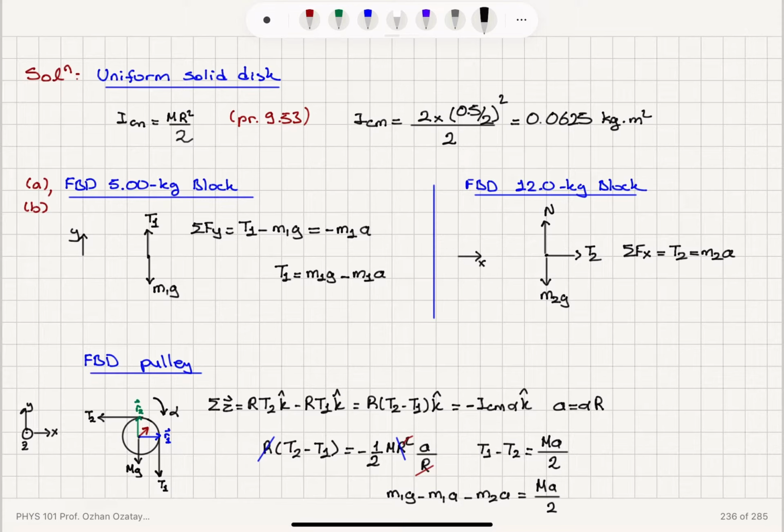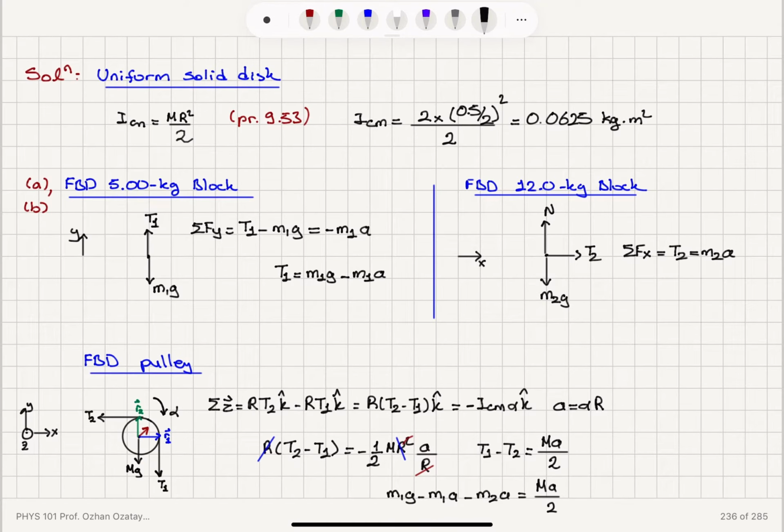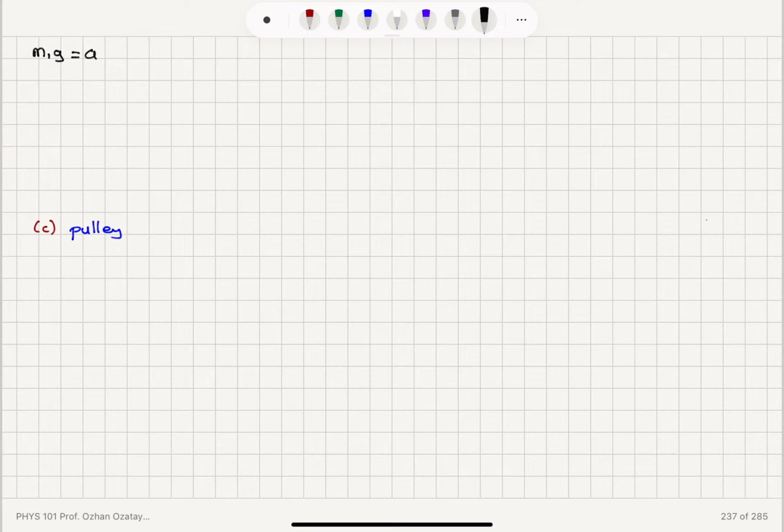Now we can basically gather all the terms that have A in them on the right hand side. So I will pull A and put everything on the right hand side. So on the left hand side I will be left with M1G only. So I will have M1G is equal to A times, so let's see what we have, capital M over 2. So we open up a parenthesis here.